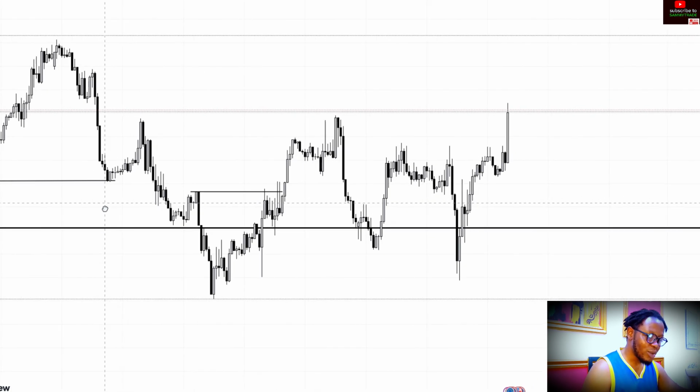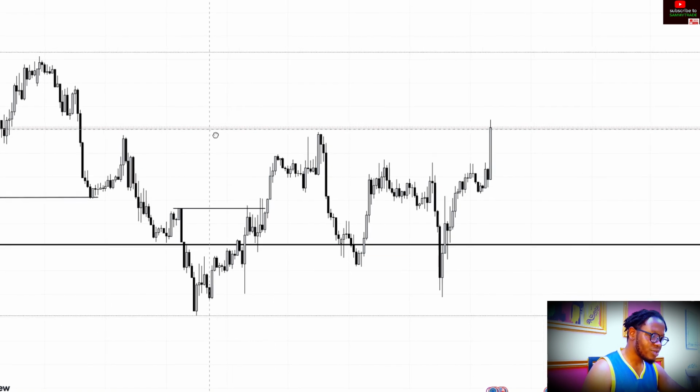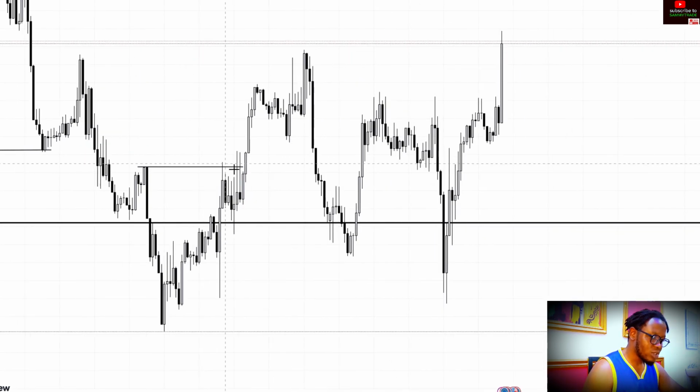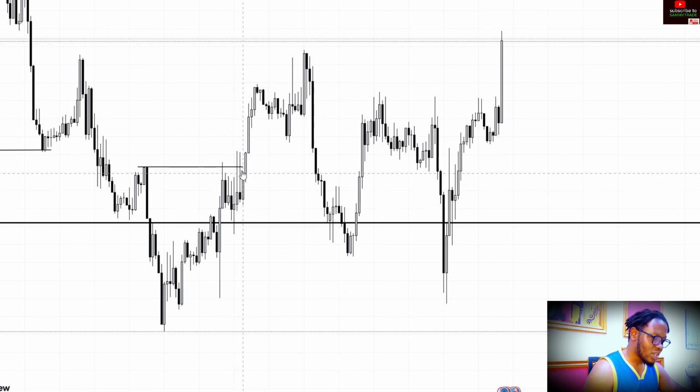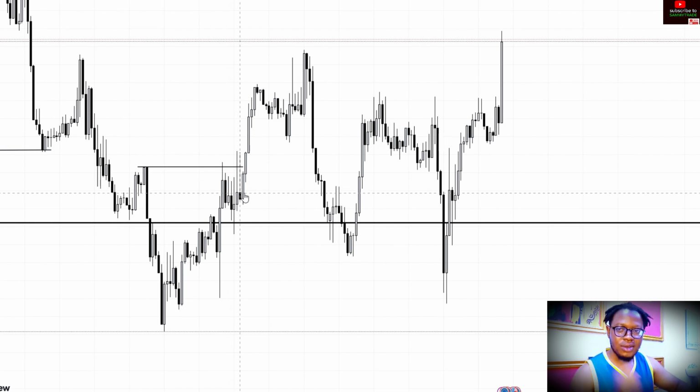Price has soaked liquidity firstly below our demand zone at this point, and now price changed character at this point. This is where the change of character happened to the upside, as you can see, with a lot of liquidity. I don't know if you are seeing this, with a lot of liquidity.